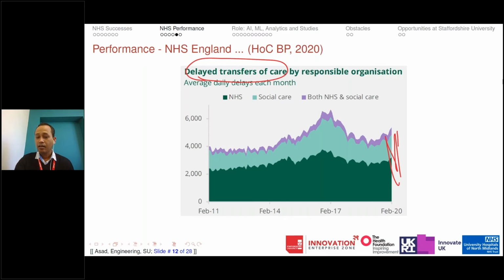The patients are clinically ready to be discharged, but the discharge place is not ready yet, so the hospital management cannot discharge them. And this costs a huge amount of money, around 1,800 million per year to the NHS.